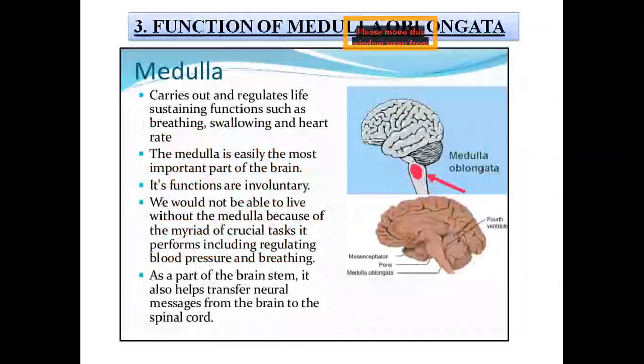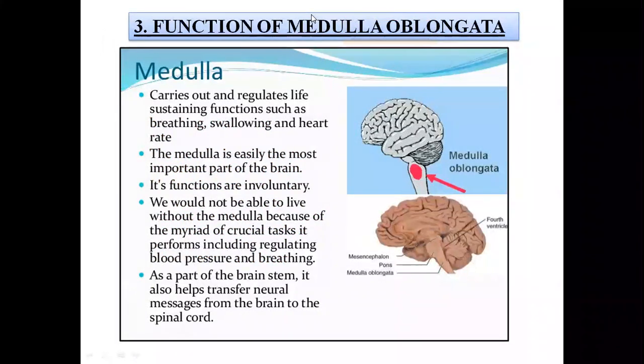Next is the medulla oblongata. Now this portion, the medulla oblongata, is a continuation of the pons varolii, as you can see in the diagram given below, and the medulla oblongata continues down as the spinal cord.